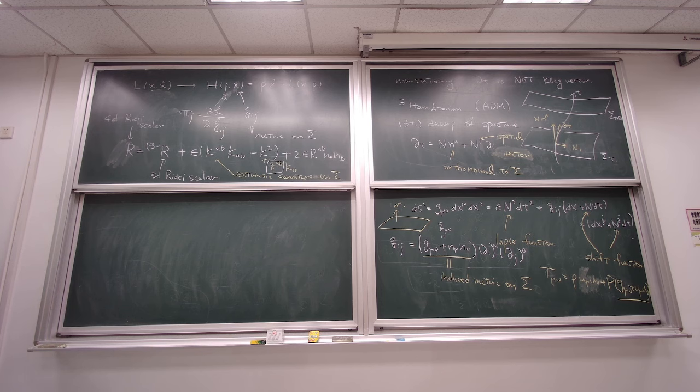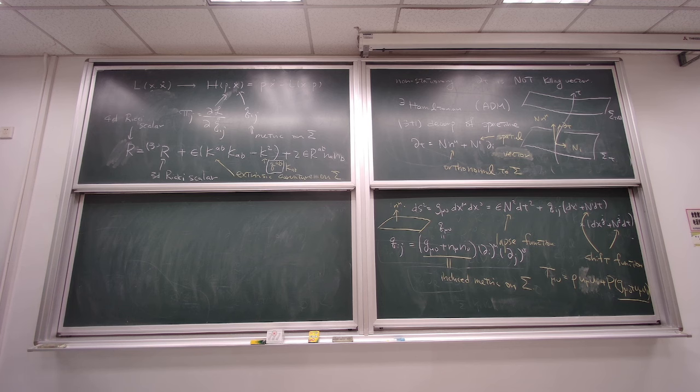And number 3 is to define: treat QAB as a dynamical variable, and find the canonical conjugate pi ij to q, or q pi ab qab. That's what we did.